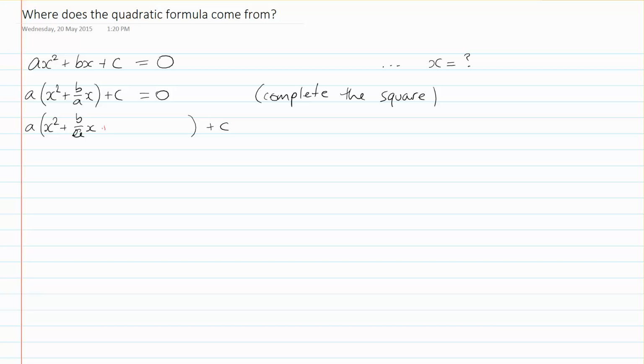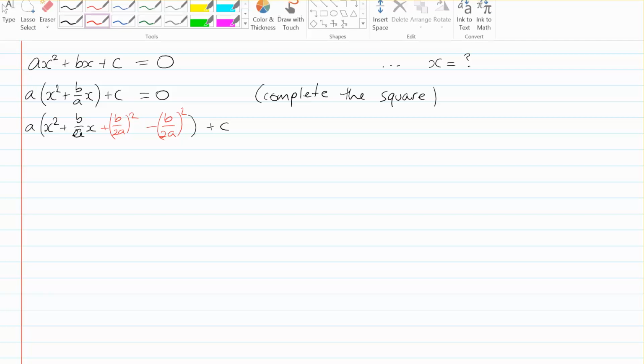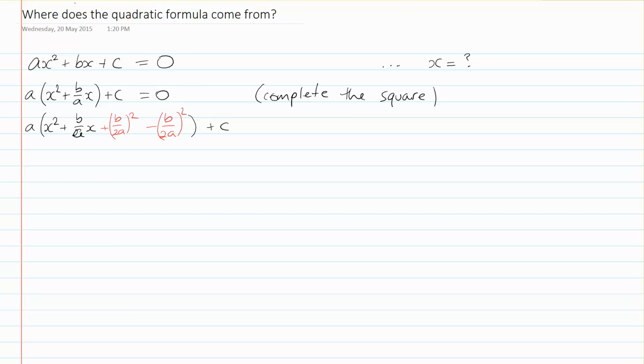And then I square it, and I get b over 2a squared minus b over 2a squared. Don't forget, we're just dealing with numbers at the moment. So although it looks complex, it is just numbers. You might have already recognised that b over 2a. There it is, turning point.